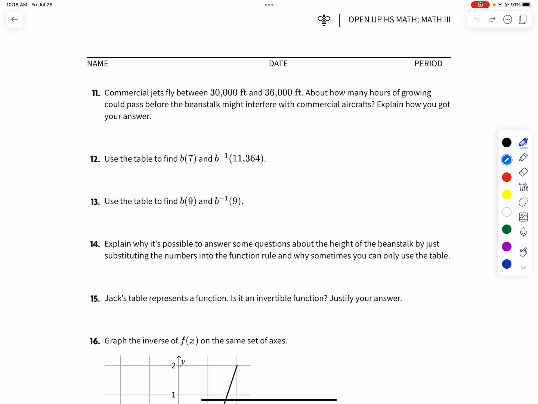Oops, let me do that in red. Okay, so 3 to the 9th is 19,000 some, 3 to the 10th is 59,000, and so let's try 3 to the 9.5.